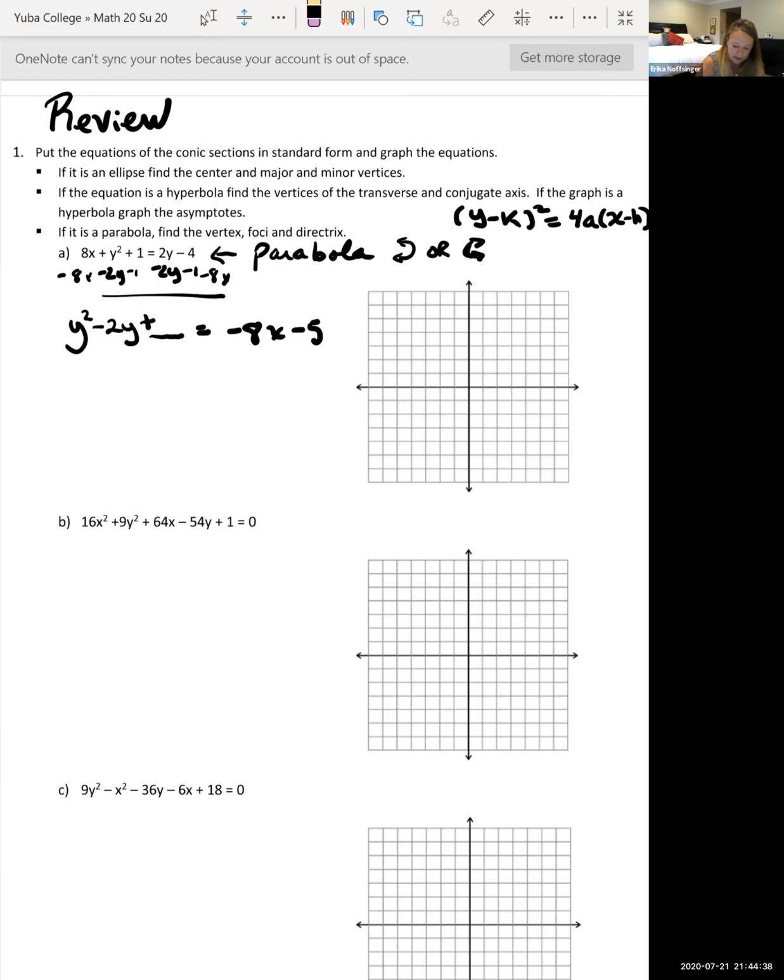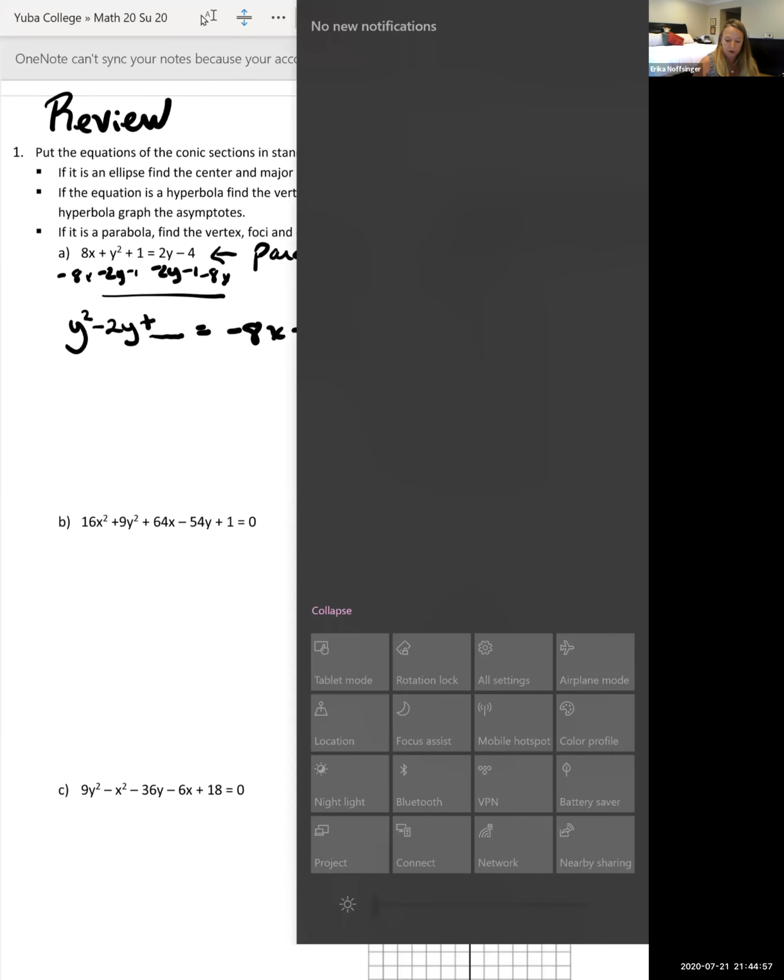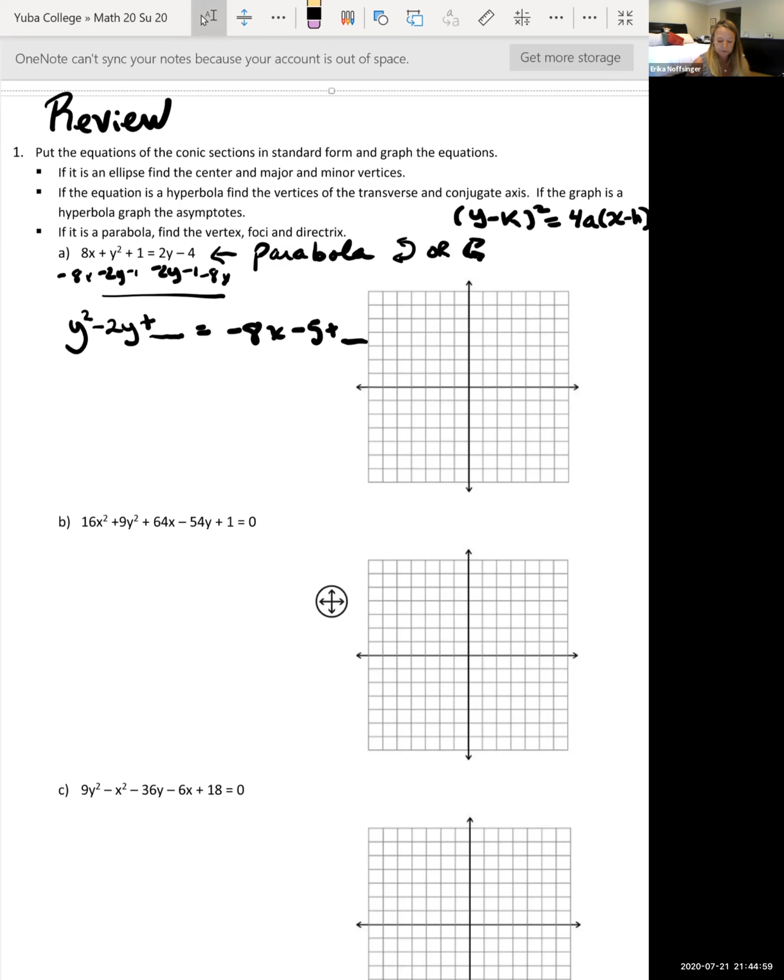If we add something on the left-hand side of the equation, then we have to add it on the right so it remains equivalent. Now we need to figure out how to make the left-hand side a perfect square, so we need to complete the square. Our coefficient in front of y squared is 1, so we can complete the square.